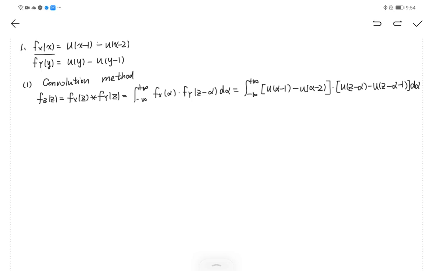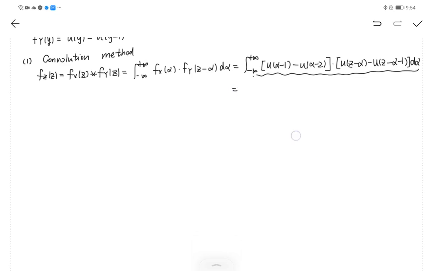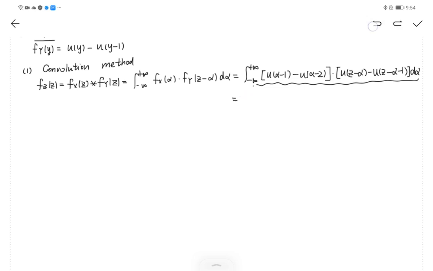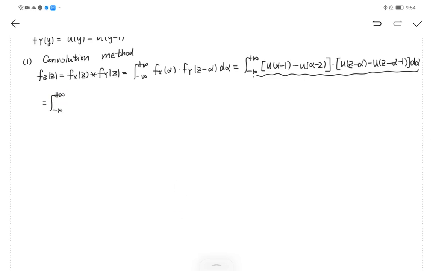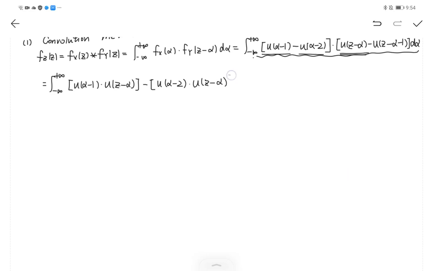And now we calculate this form. It equals the integral from negative infinity to positive infinity of u(alpha minus 1) multiplied by u(z minus alpha), this one multiplied by this one, and minus u(alpha minus 2) multiplied by u(z minus alpha), and minus u(alpha minus 1) multiplied by u(z minus alpha minus 1).